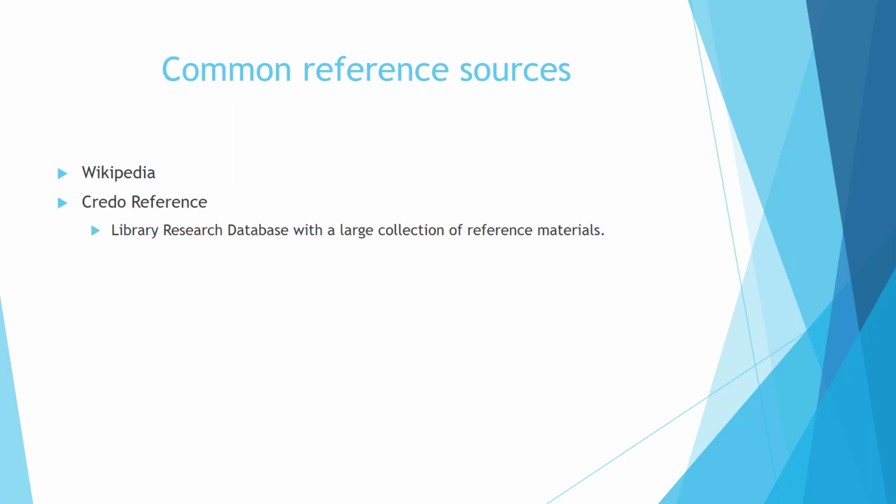A probably more trustworthy resource is Credo Reference. This is a database that the library subscribes to, which has a huge collection of electronic reference sources. Lots of subject encyclopedias and dictionaries, and a lot of really interesting tools that you can use to search the relevant literature.